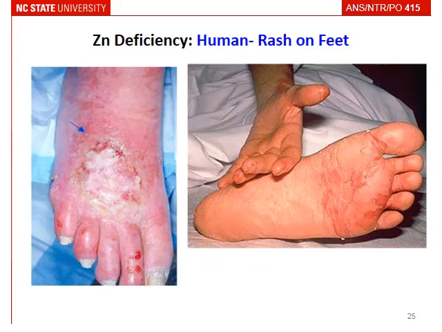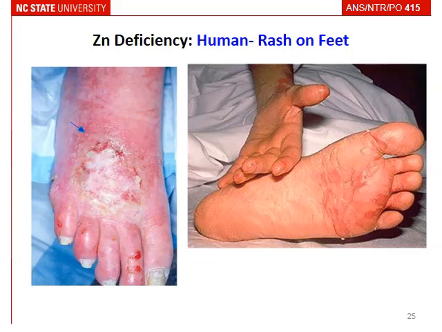So here you can see the rashes on this individual that has zinc deficiency. One of the common themes that you should see here is that it appears as though skin has the lowest priority compared to some of the other organs. So one of the main symptoms of these various deficiencies always results in some sort of rash.